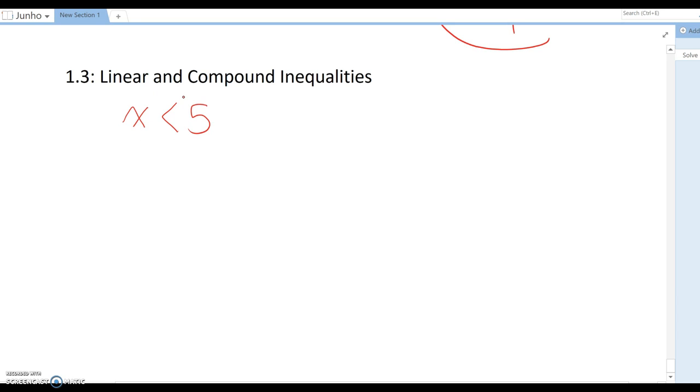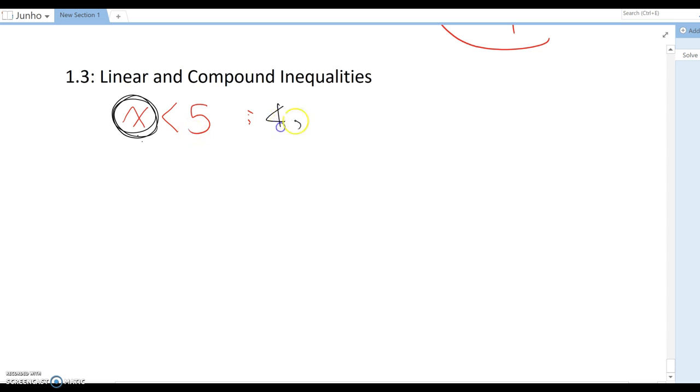And what does that mean? Or what kind of x can be the answer for this problem? Unlike an equation, in this case x can be any value as long as it is less than 5, right?